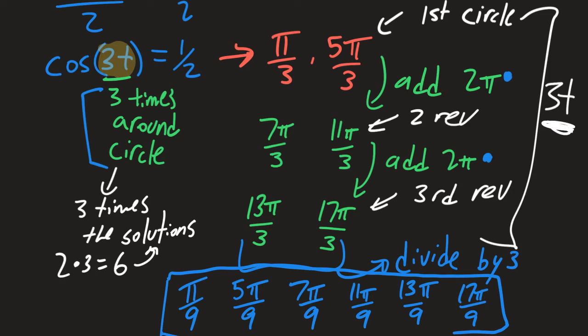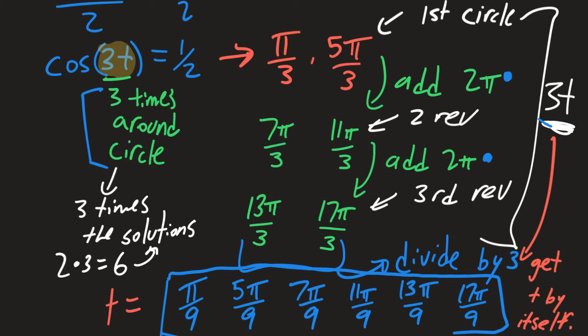Generically, you'll have 2. That 3 triples my number of solutions and gives me 6. Now, don't forget at the end, you have to divide by 3 because this was solving for 3t. After that, we'll have 6 different solutions for t.